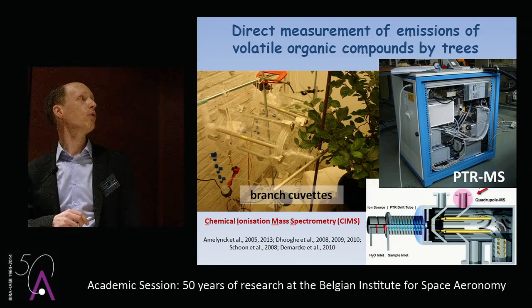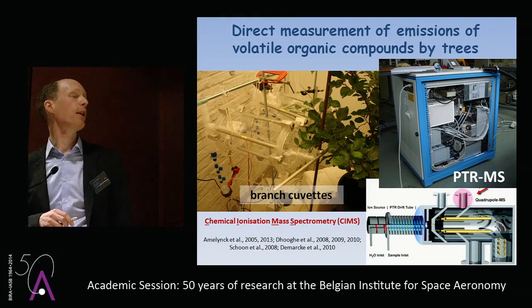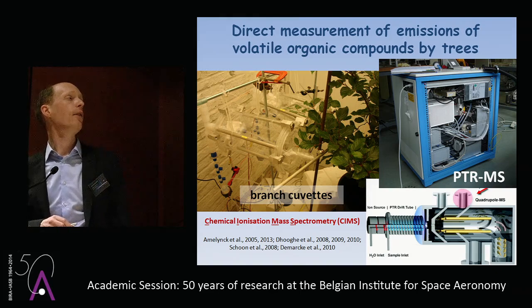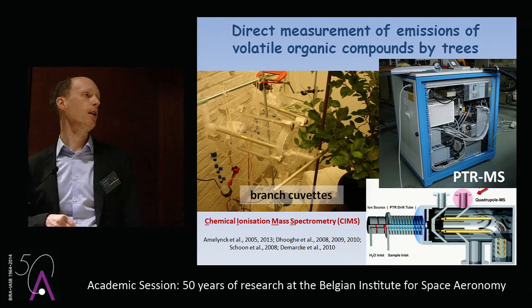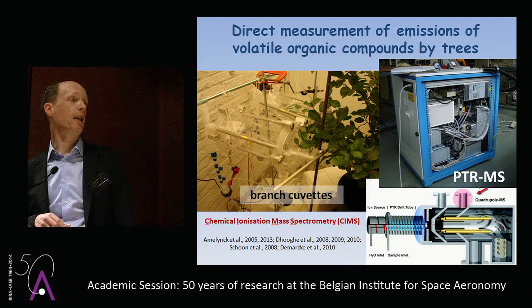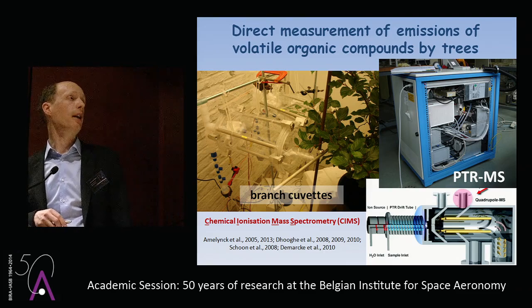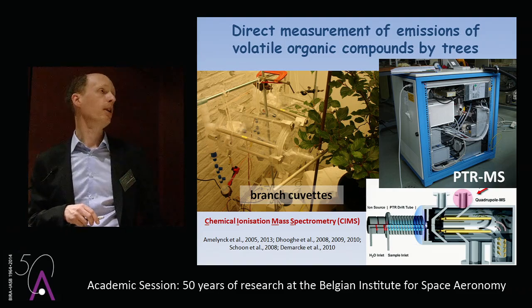We try to estimate how much volatile organic compounds are emitted by trees, and the measurement technique is called chemical ionization mass spectrometry. It is a technique which has been used a lot in the past, and for which the mass spectrometry group has tremendous expertise.